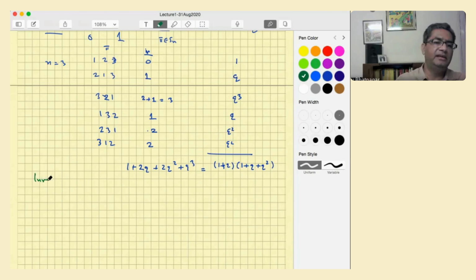Is this clear? What are inversions? You go left to right, and count the number of elements that are smaller.